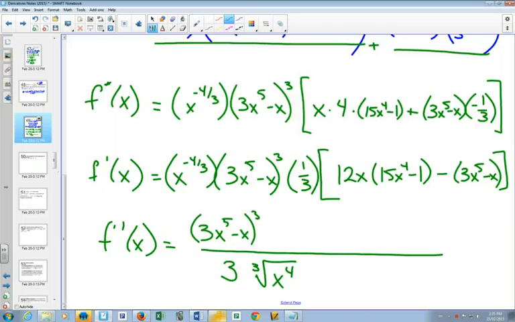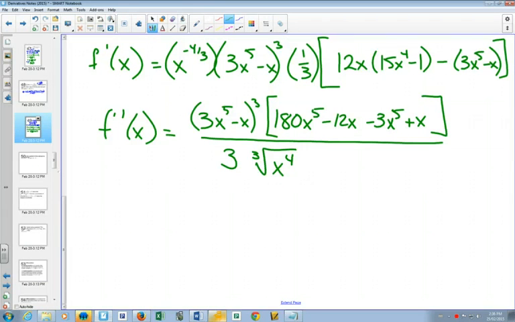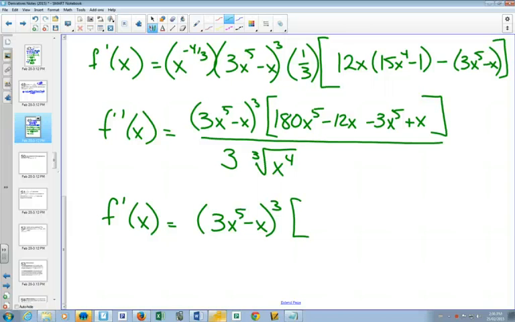And inside the brackets, now that our expression is quite simplified here, if I do 12 times 15, I'm going to get 180x to the 5 minus 12x minus 3x to the 5 plus x. And now there's some like terms.